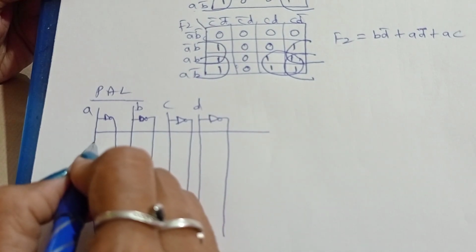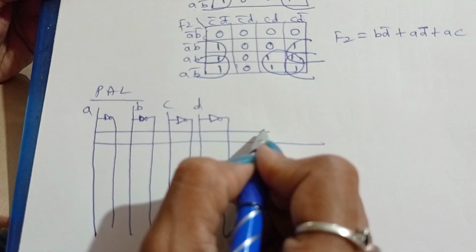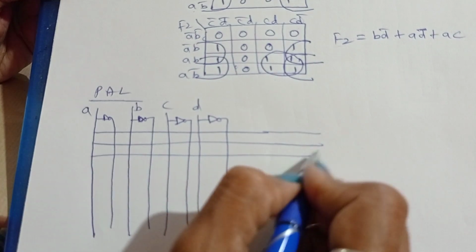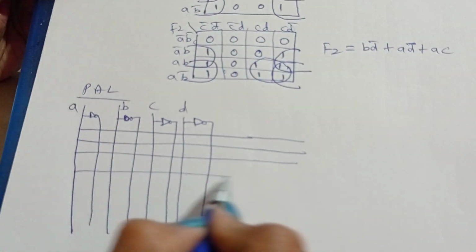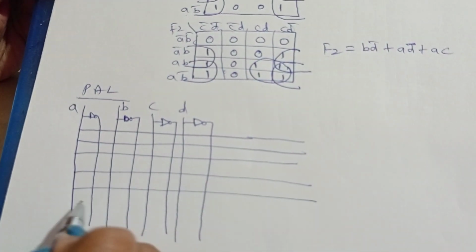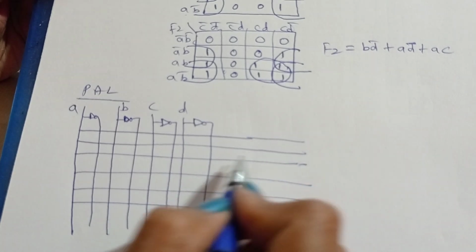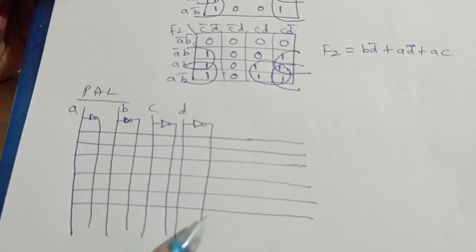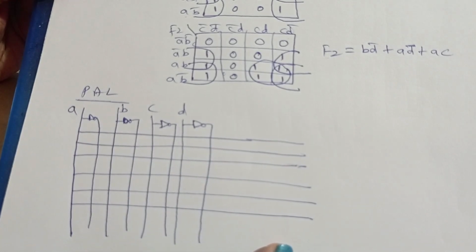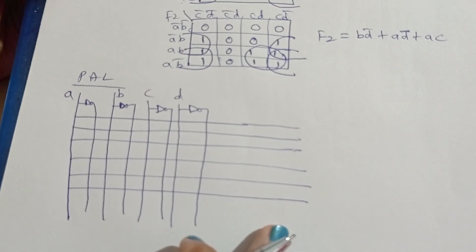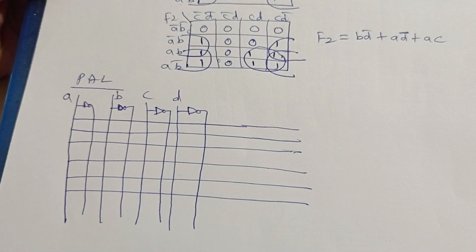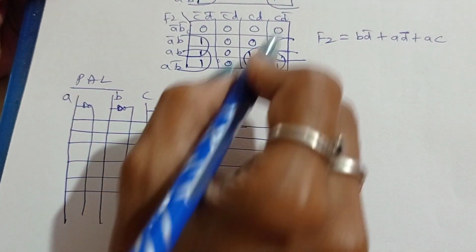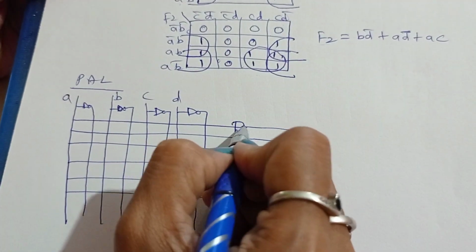So take 3 connections for F1, same as F2, 3 connections. In PAL, AND is programmable and OR is fixed. So here use AND gate.